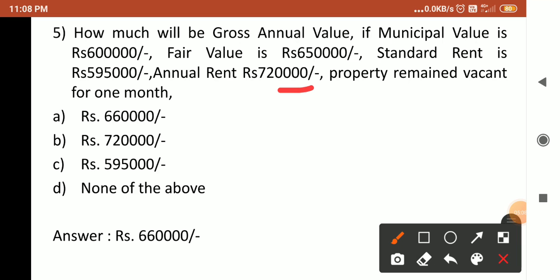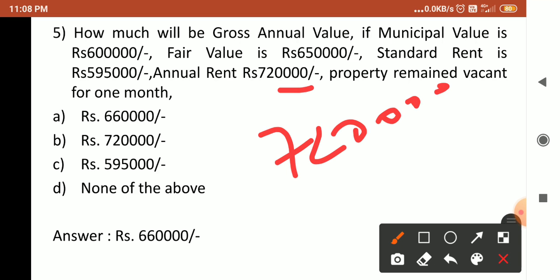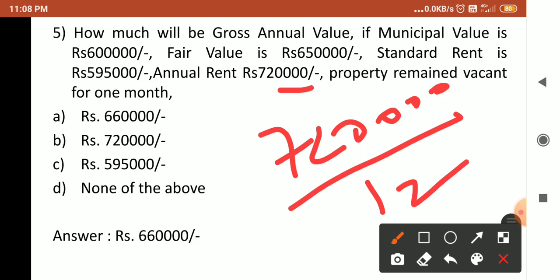Since the property remained vacant for 1 month, we divide this 7,20,000 by 12 to get the rent per month. From 7,20,000 we should deduct 1 month's rent, because it is said the property remained vacant for 1 month. The rent per month is 60,000. If we deduct 60,000, it comes to 6,60,000.